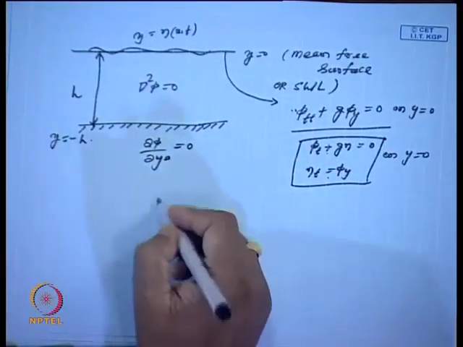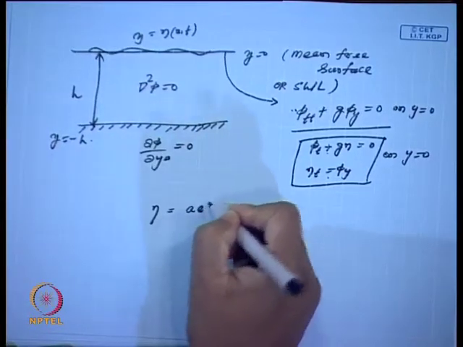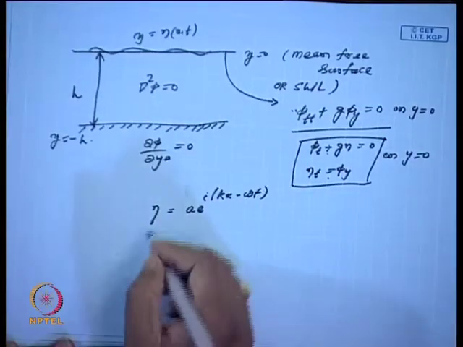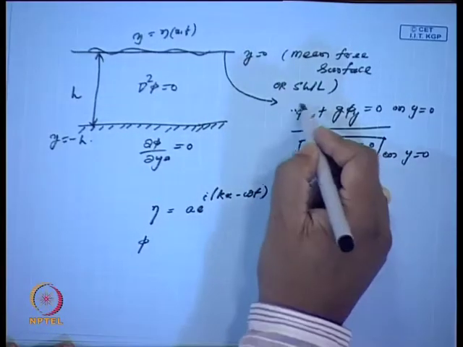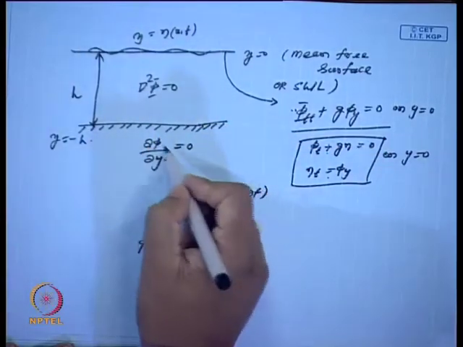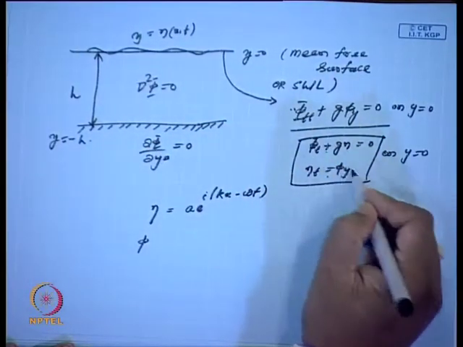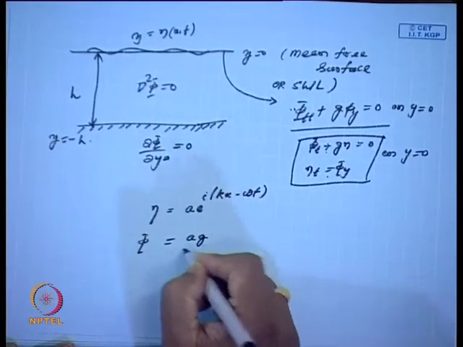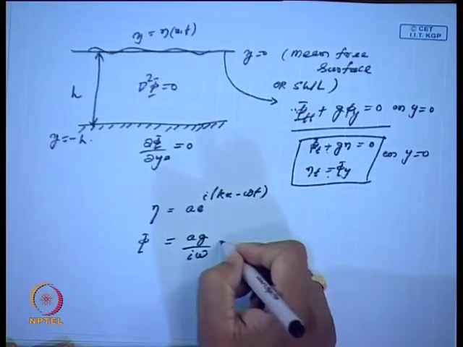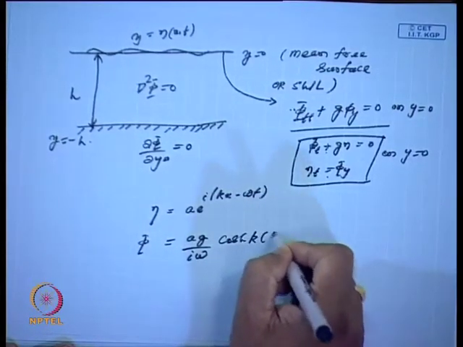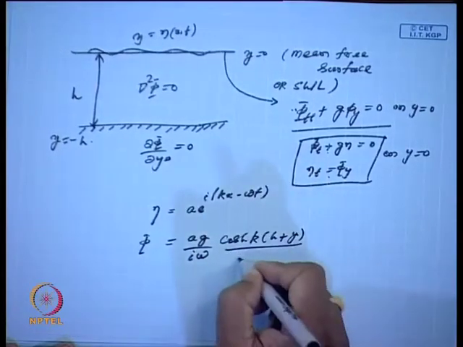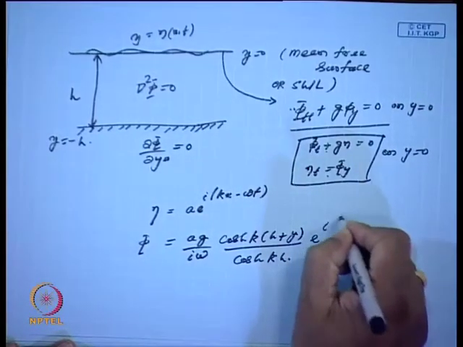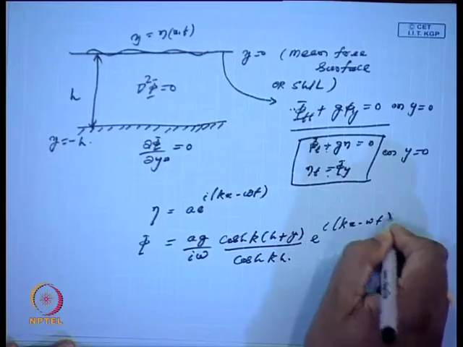And we have seen if we start with the wave eta is equal to a e to the power i times (k x minus omega t), the corresponding velocity potential, let me call this capital phi, will be a g by i omega into cosh k(h plus y) by cosh k h into e to the power i times (k x minus omega t).